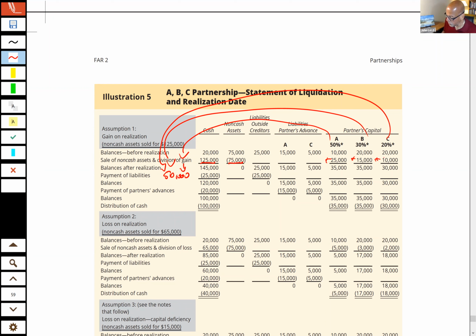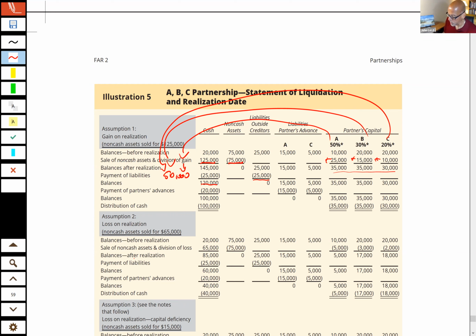And so now we have the amount that is attributable to each person. But then we have to pay liabilities. So we pay the liabilities of 25,000. Now we have 120,000 left, and then we have to pay.